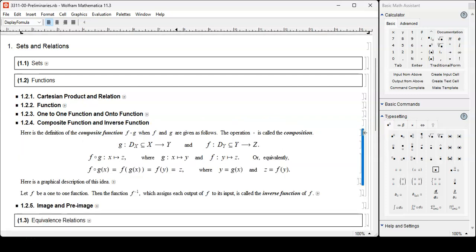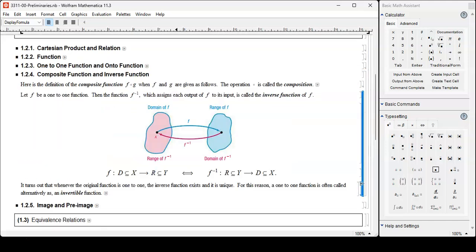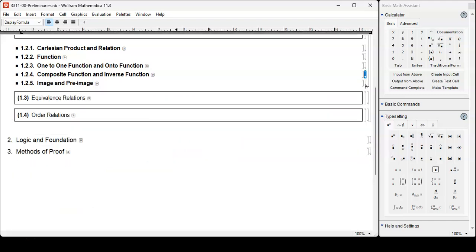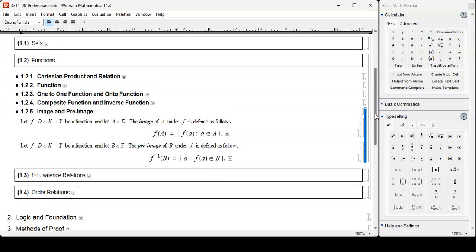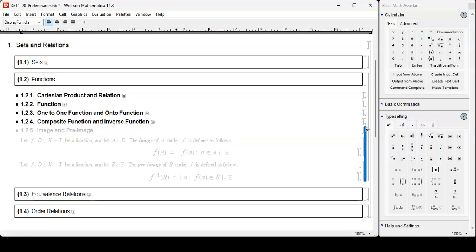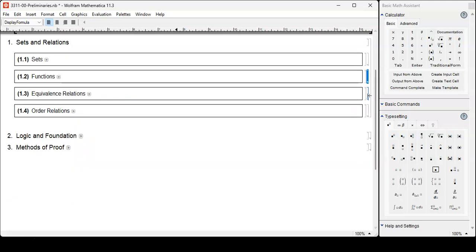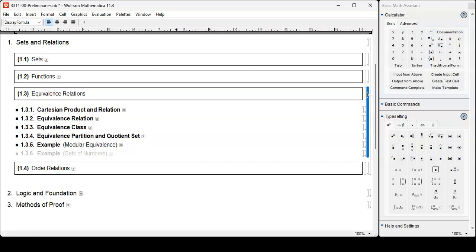And then composite functions, which is a graphical expression. And then inverse function. Remember those? And finally, image and preimage. I don't know whether we are going to be using this in number theory. Probably not, so we'll skip this. For other classes, image and preimage will be important, but for this course, probably not.